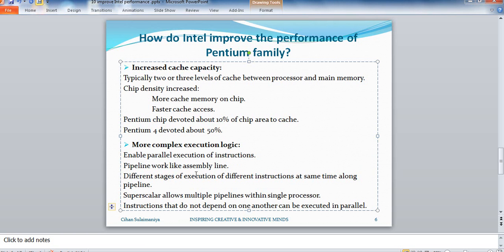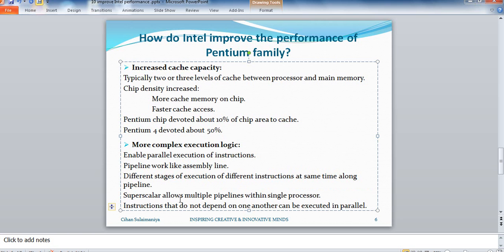So how does the pipelining work? Pipelining is the different stages of execution of different instructions at the same time. That's the pipelining, which uses special logic to do this activity. So that makes it much faster.